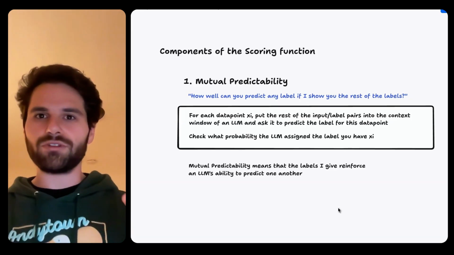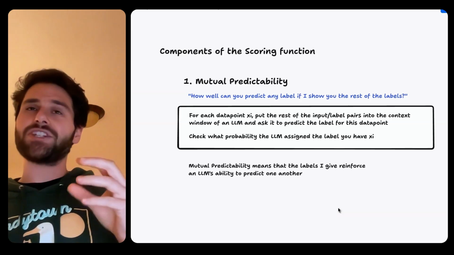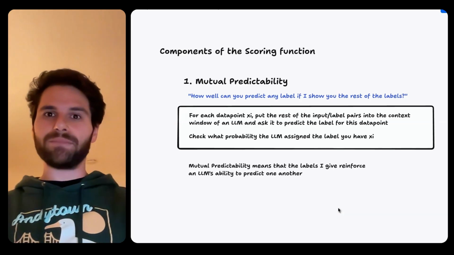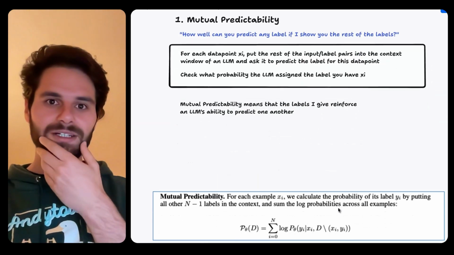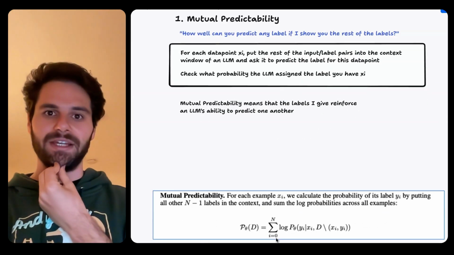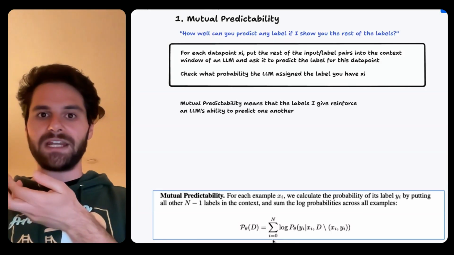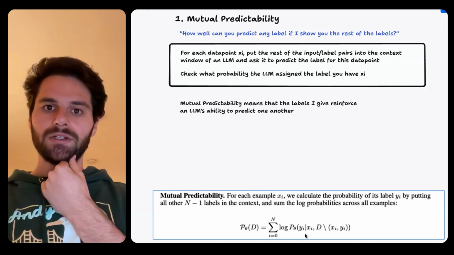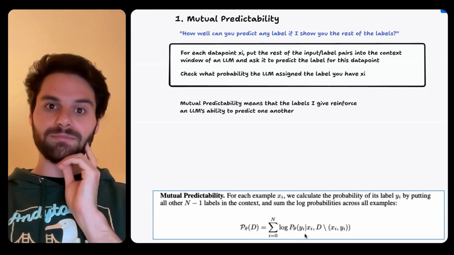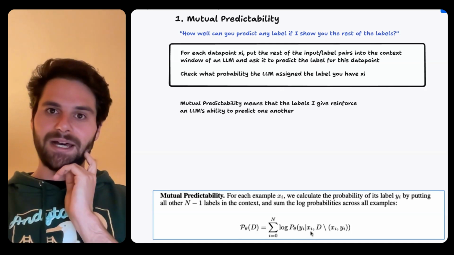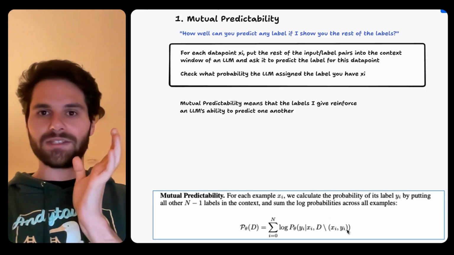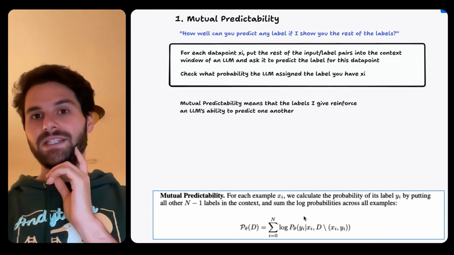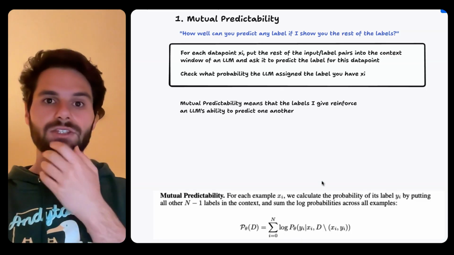When they say mutual predictability, it's like, I should be better able to predict this label when I see all the other labels. They're mutually reinforcing. So here's the technical definition they have down here. You sum over all the items in your data set, and you come up with your probability distribution from your language model: if you saw x sub i with all the rest of the data set that doesn't include i in the context window, what's the probability that it said y sub i? And you sum all those up, and that's a score.